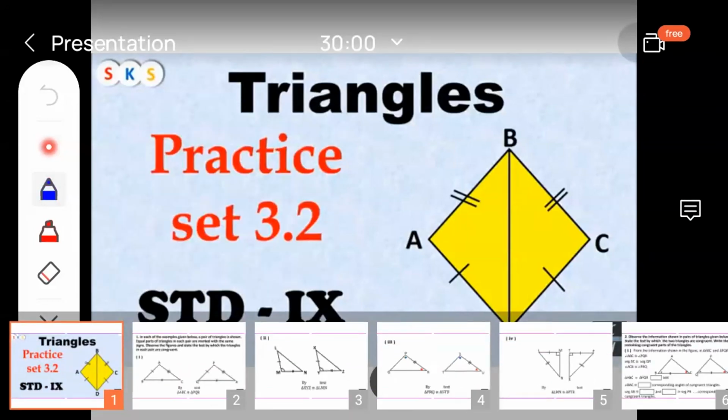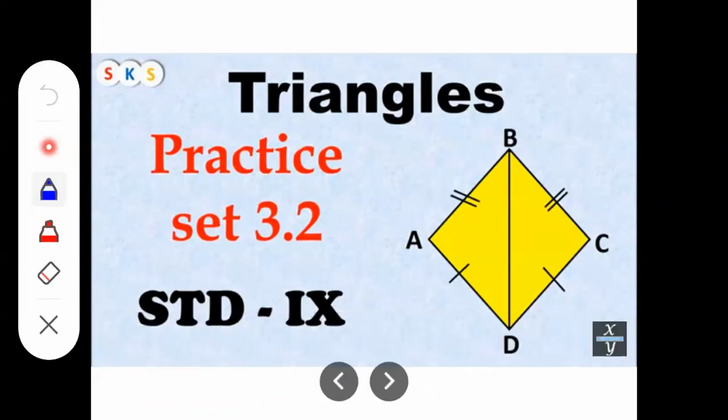The SSS test means side test. That means in a correspondence of two given triangles, when three sides of the first triangle are congruent with three sides of the second triangle, then those two triangles are congruent to each other. That is the SSS test.